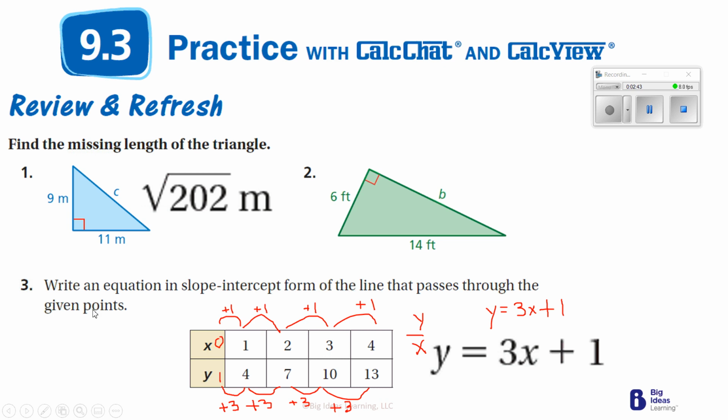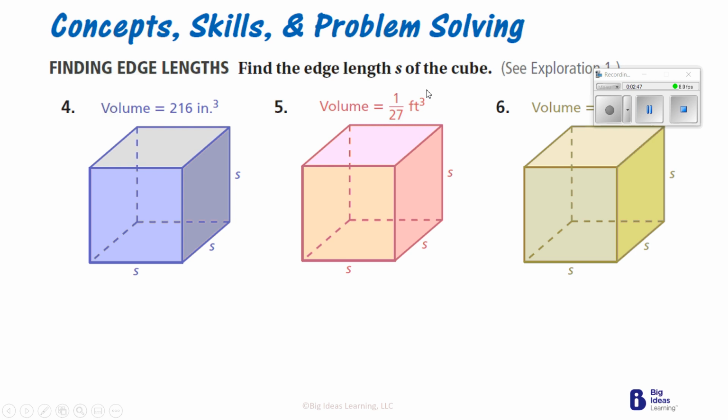All right, let's go ahead and get to number 5. Number 5 says the volume is 1 over 27 feet cubed. So I know I'm dealing with, let's see, the volume formula is V equals, right? V is going to be equal to, well, actually, this is a cube.